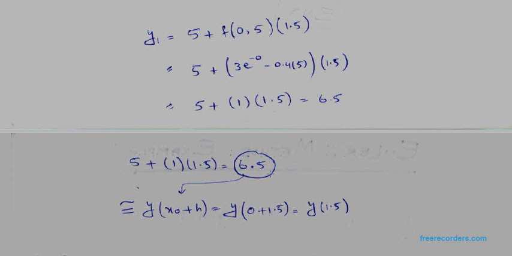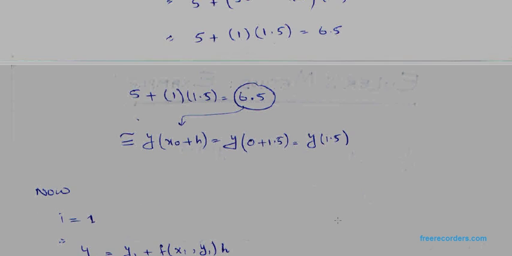So this is the approximate value of y1 at x equal to 1.5. x1 equals x0 plus h, where x0 is 0 and h is 1.5, so x1 becomes 1.5. So we go to the next step.